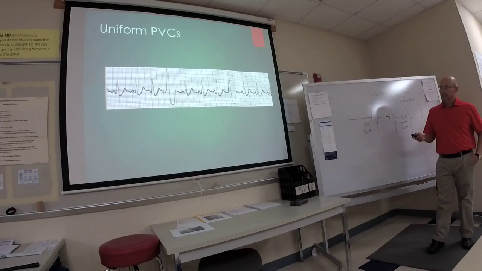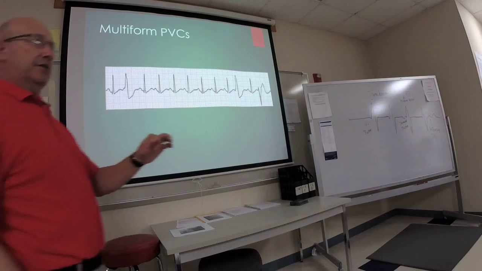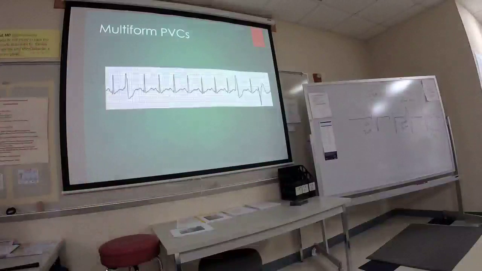So they're uniform, they're unifocal. Multifocal PVCs means that they're from different foci. So here, these are unifocal, right? Where's the odd one? Yeah, right here. This is a PVC because you see the QRS is wide. I hope on your certification exam they have some wide PVCs.